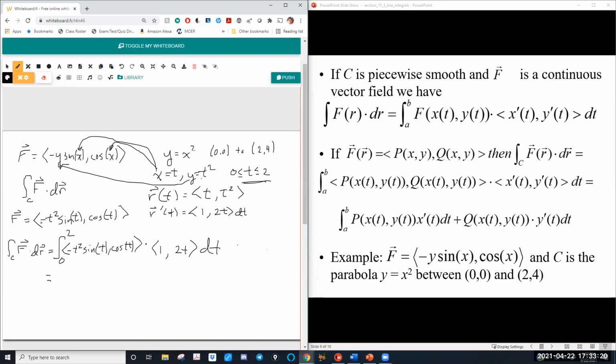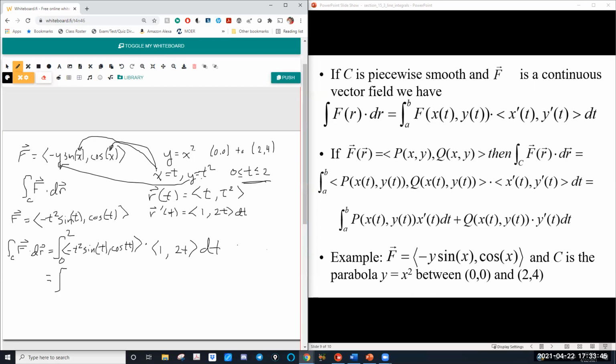Other questions about how we got to here, or more clarification on that? Again, in some problems, you'll be given a parameterization. So you skip right to finding r prime of t, plugging r of t into the vector field, and then calculating your integrand.